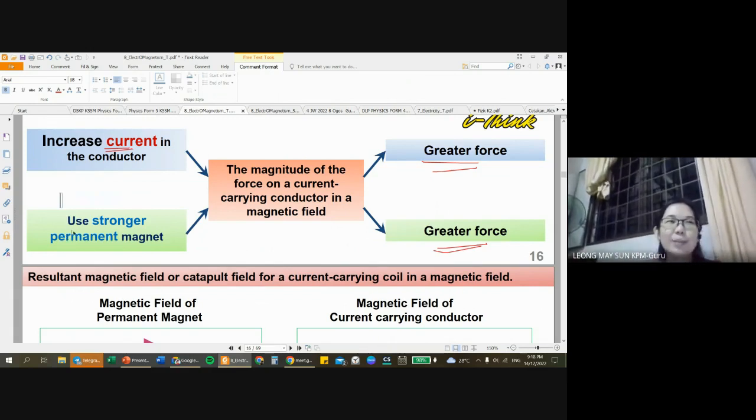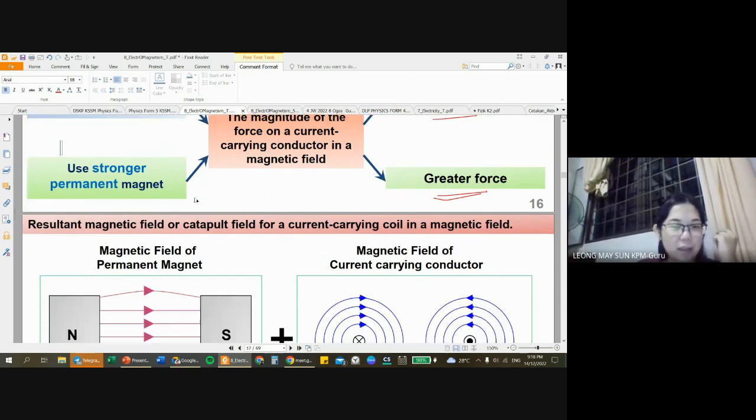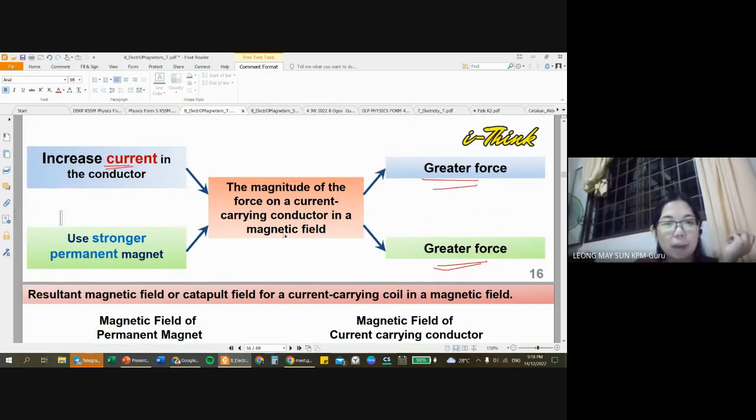But in terms of the characteristic of the magnet, we will normally use a stronger permanent magnet, or a neodymium magnet. Neodymium is a rare earth magnet which has a very high magnetic field. So these are a few ways for us to increase the magnitude of the force on the current carrying conductor in a magnetic field.